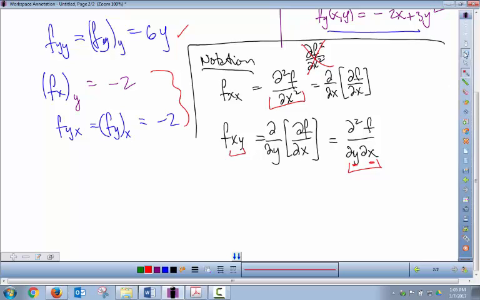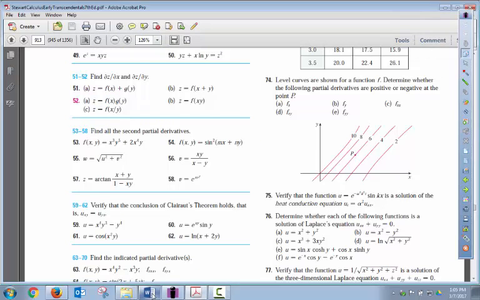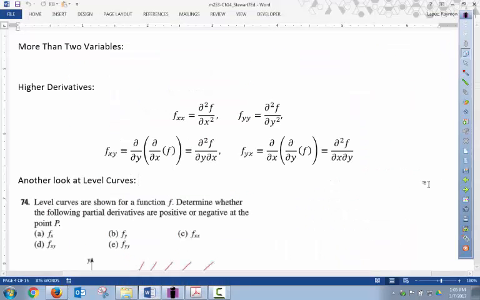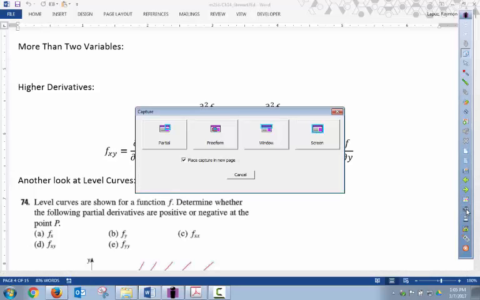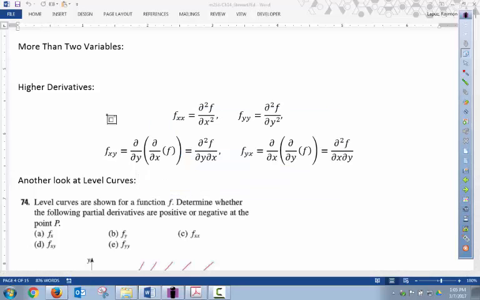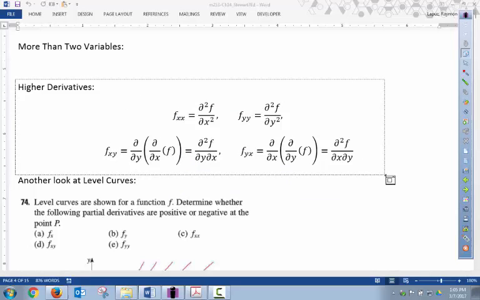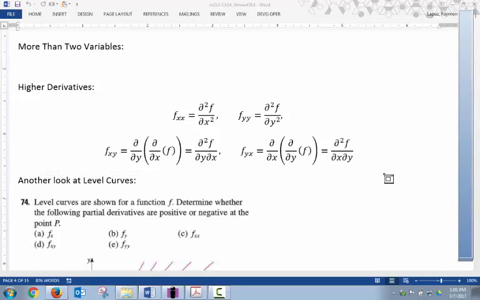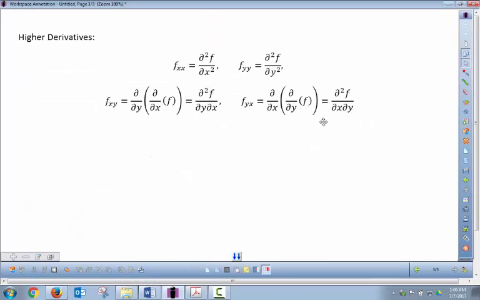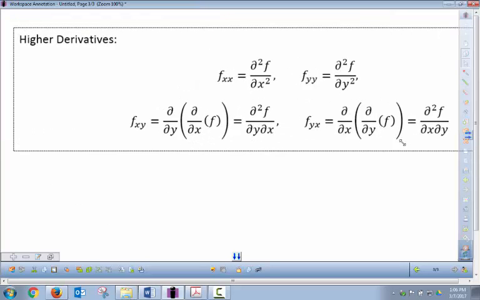So here's the summary of it. For functions that go from R2 to R, here are the only 4 possibilities of the second order partial derivatives.